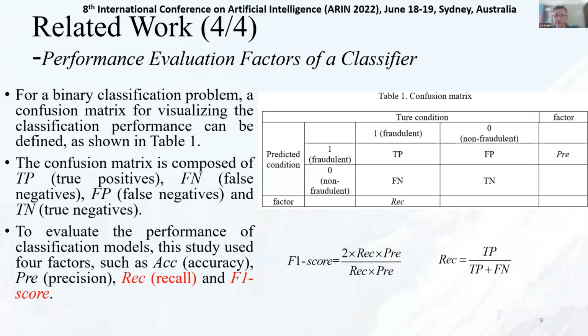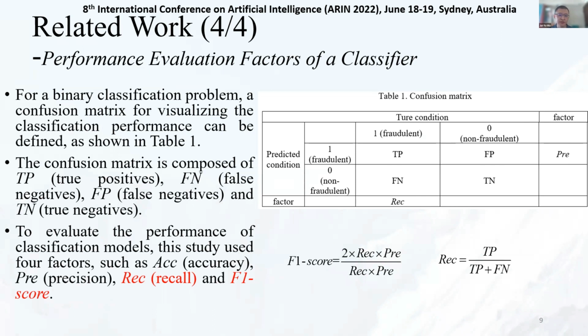Performance evaluation factors of a classifier. For a binary classification problem, a confusion matrix is used. We can see table 1. The confusion matrix is composed of TP, FN, FP, and TN.